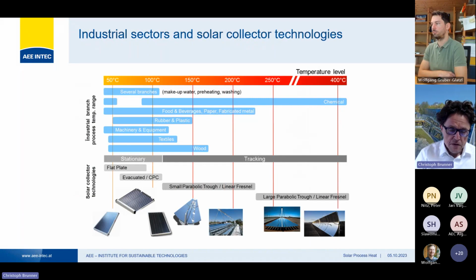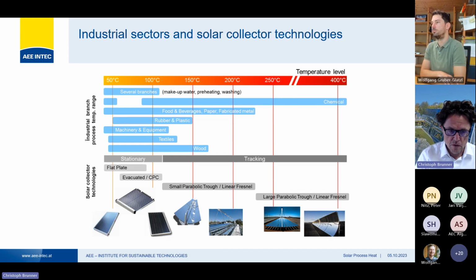This graph gives you an idea which kind of solar technology, solar collector, fits to which industrial branch, which industrial sector. We have on the one hand the different temperature ranges from 50 degrees up to 400 degrees on the upper level, and on the lower level you see different technologies.